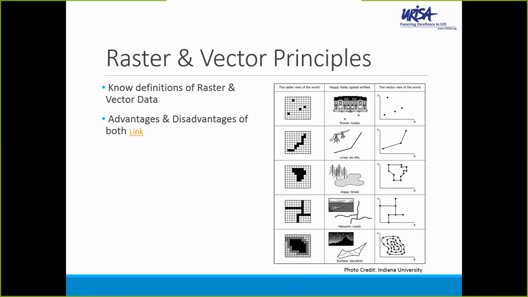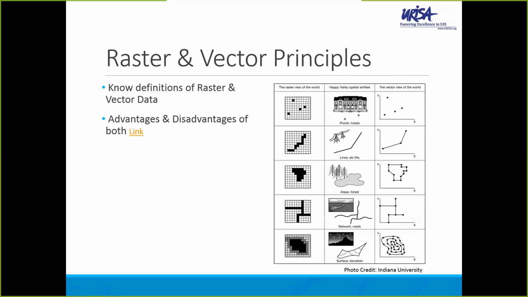Raster and vector principles. This one has been covered pretty well already. Be familiar with the definitions of raster and vector data. This graphic here does a good job of giving you a breakdown of how, say, for the first row, you've got hotels.